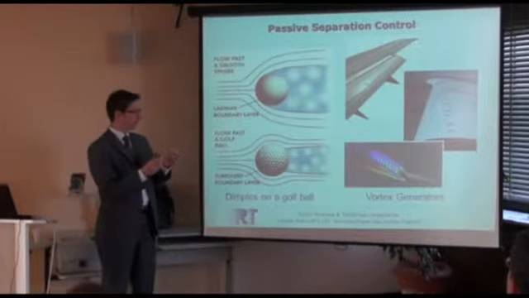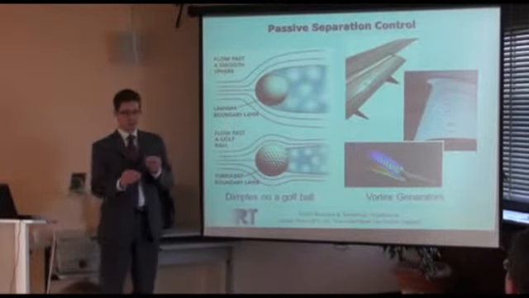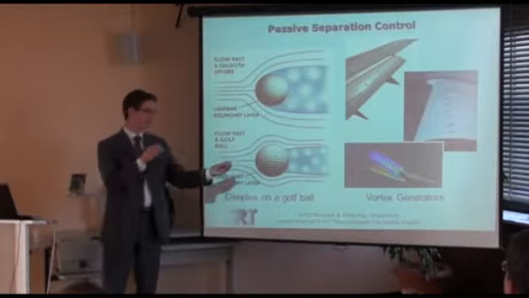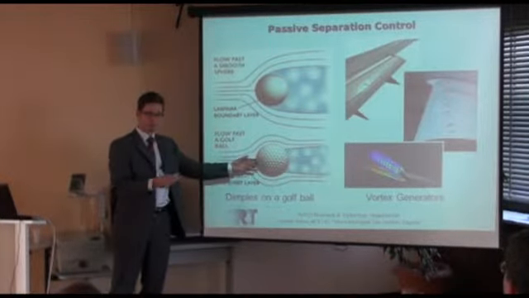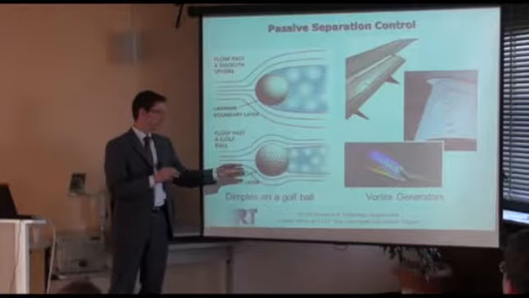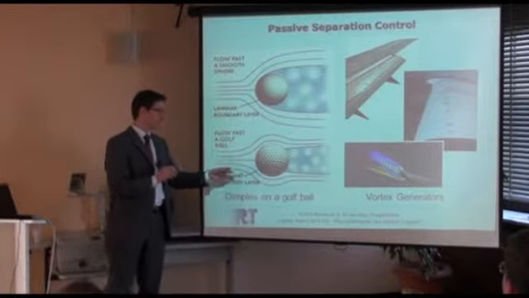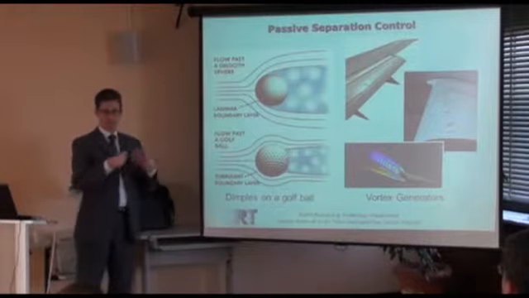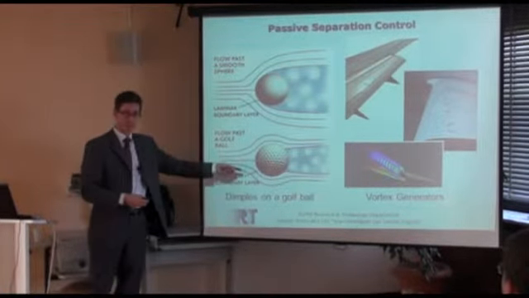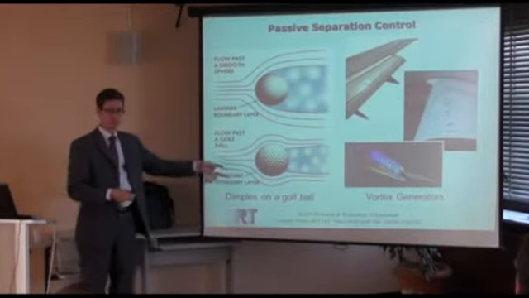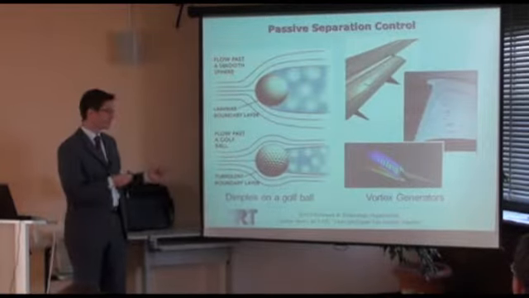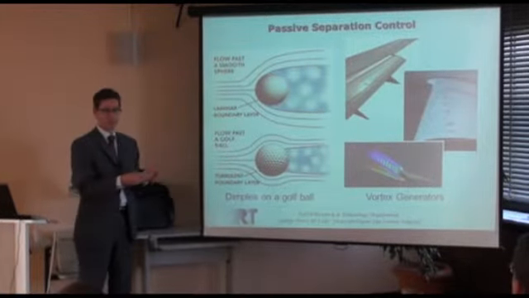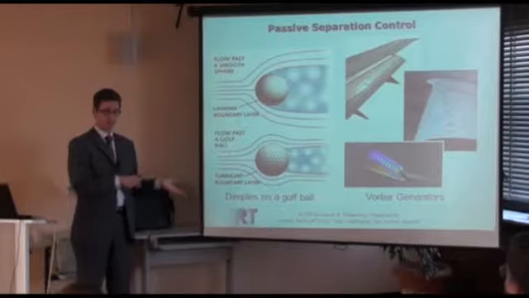And so there's a movement between the outer flow and the flow very near the end wall. And this enhances the energizing of the flow near the end wall. So that's why turbulent flows keep attached longer than laminar flows.